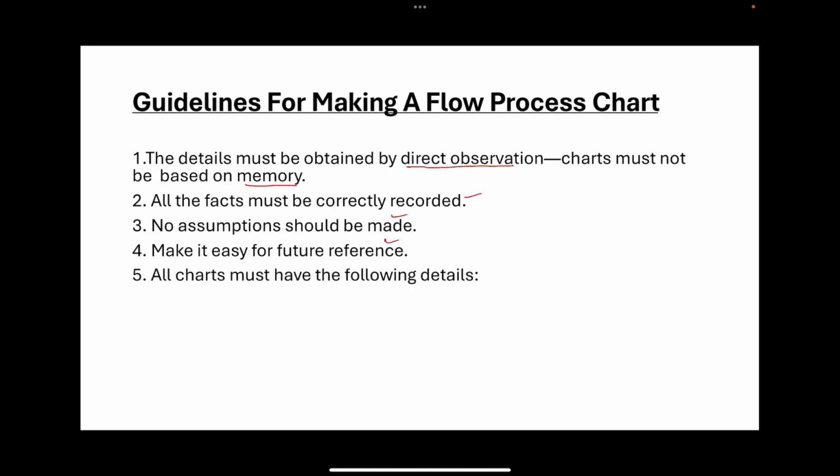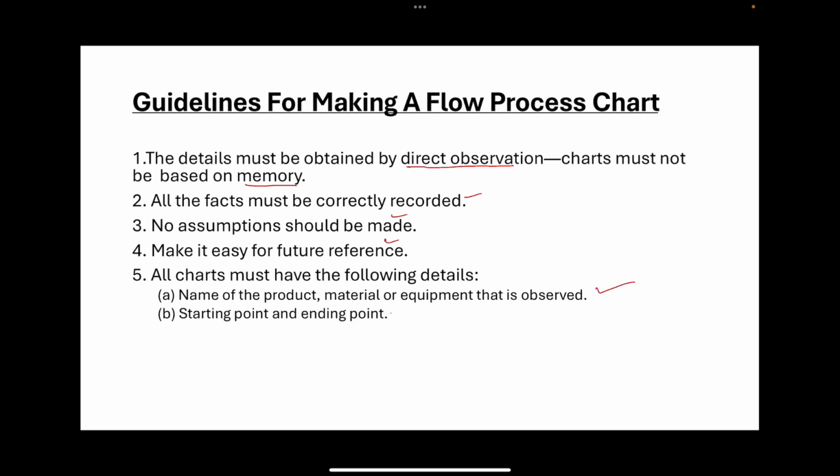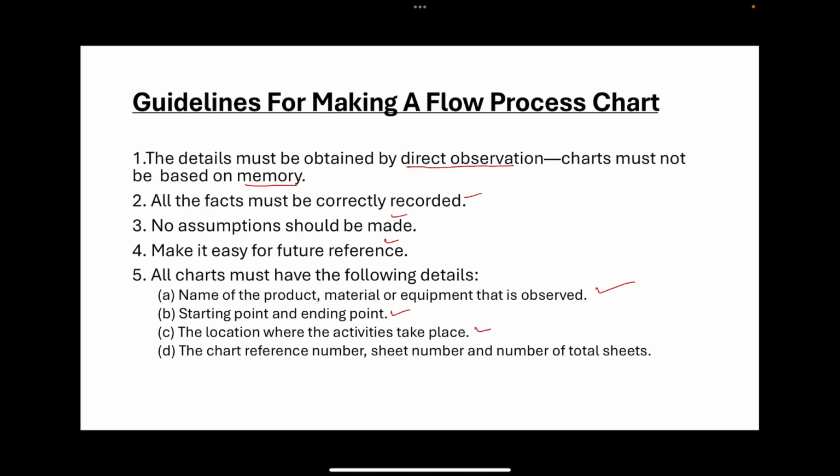Also, all charts must have the following details: name of the product, material or equipment that is observed, starting point and ending point, the location where the activities take place, the chart reference number, sheet number and number of total sheets. Also, the key to the symbols used must be stated. So these are the guidelines.